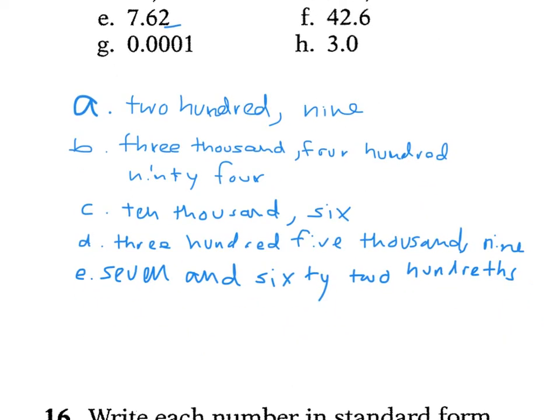So that was E, and now F. We have 42.6, so we would write this as 42 and 6 tenths, since the 6 is in our tenths decimal place. So 42 and 6 tenths.